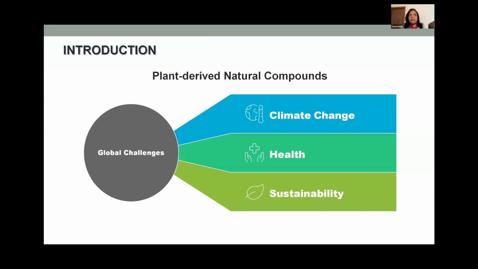If we take these compounds from the plants, it will lead to loss in biodiversity. So these are the main three global challenges, and they have been covered by the Sustainable Development Goals raised by the United Nations, and all the countries are involved in it. This is the worldwide agenda to fulfill the Sustainable Development Goals till 2030.